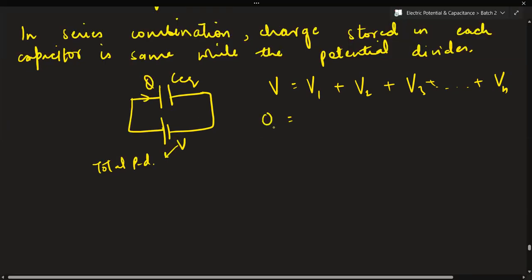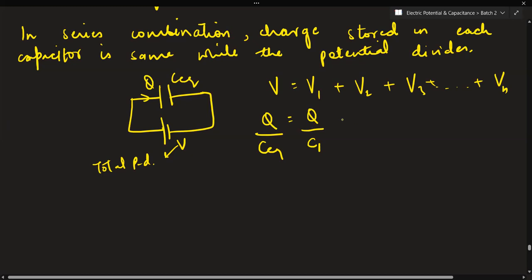So this will be Q divided by C equivalent, the whole charge of the system divided by the whole capacitance, which will be equal to V1, the charge of the first one divided by the capacitance of the first one. Why are we not writing Q1? Because charges are not different. The charge across each capacitor is the same. Even if you write Q1 or Q2, Q1 will be equal to Q2.